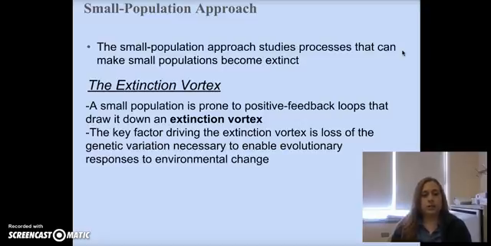And we talk about something called the extinction vortex. When you have a small population, it's very prone to positive feedback loops that draw it into what we call this extinction vortex. The key factor driving this is the loss of genetic variation that allows populations to evolve to environmental change.